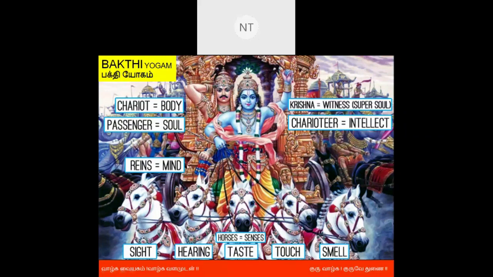The rope is basically the mind, and the chariot is your body. The passenger, who is Arjuna, is the soul, and the one who drives the chariot is Krishna. He is the consciousness, is God. So this is the way they explain it in the Bhakti Yogam.